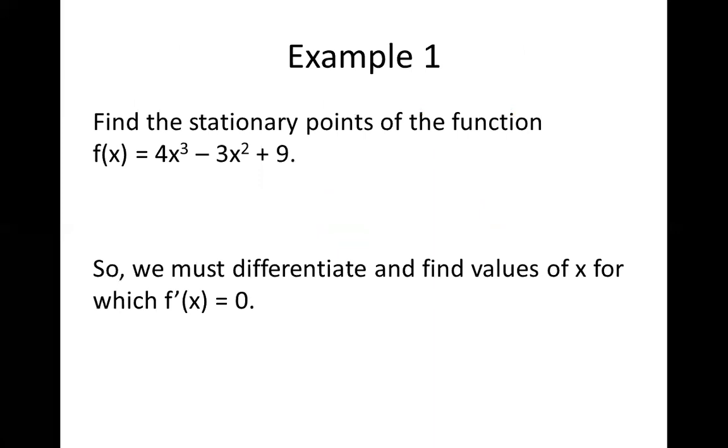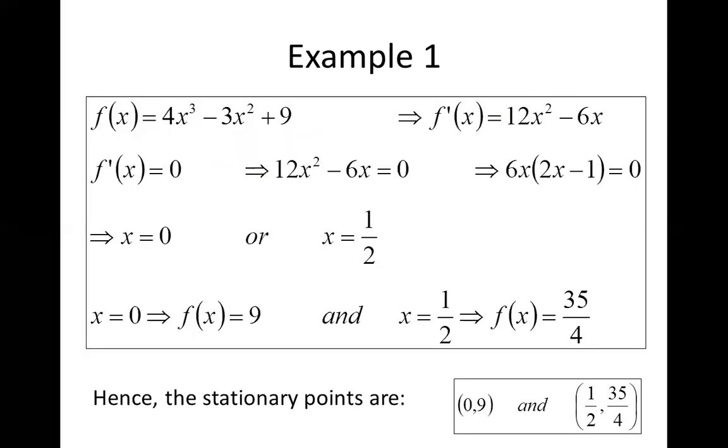Find the stationary points of the function f of x equals 4x cubed minus 3x squared plus 9. So we must differentiate it and find values of x for which f derivative of x is 0. f derivative of x is 12x squared minus 6x, which is 0, so x is 0 or x is 1 over 2.